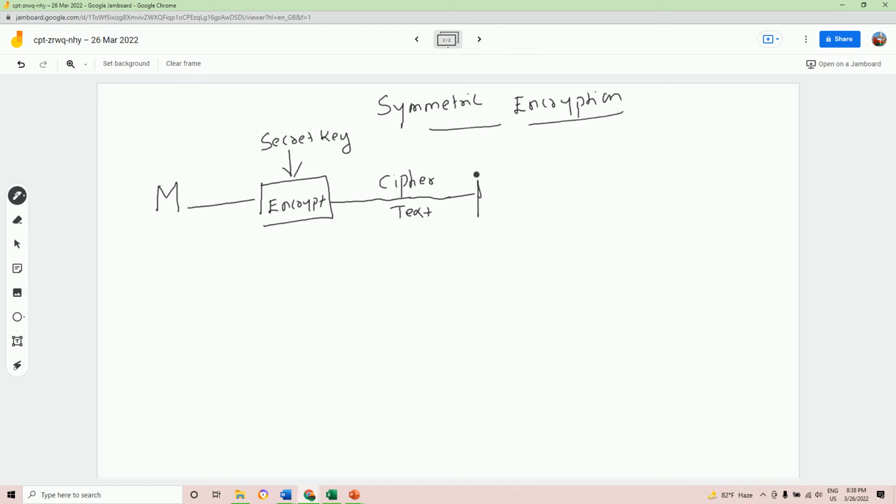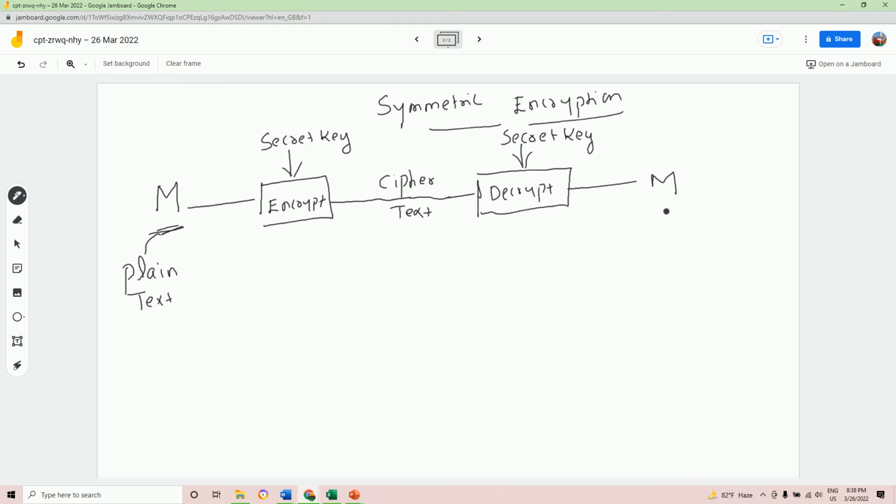Now again you decrypt using the same key. Then what you get is the message. The message before it is encrypted is called plain text.